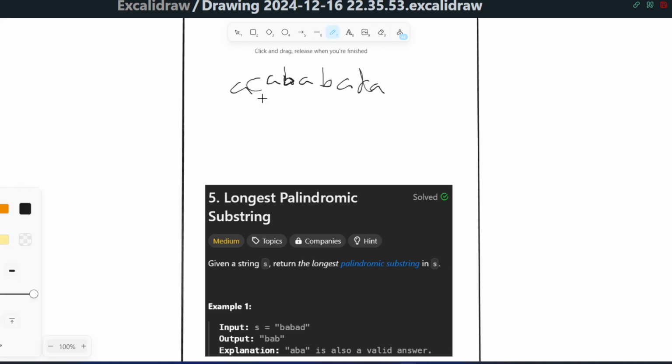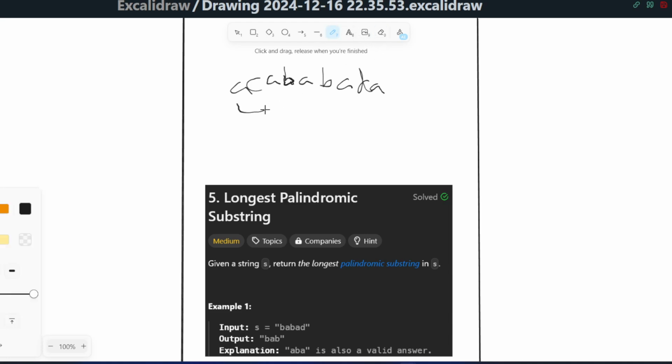One thing I didn't mention is that it's possible to have even palindromes, so ACCA is a palindrome. How you would handle even palindromes is you'd also have to set the left and right to be two characters in a row. So the center is A, then the center is C, then the center is A, to do the odd palindromes.